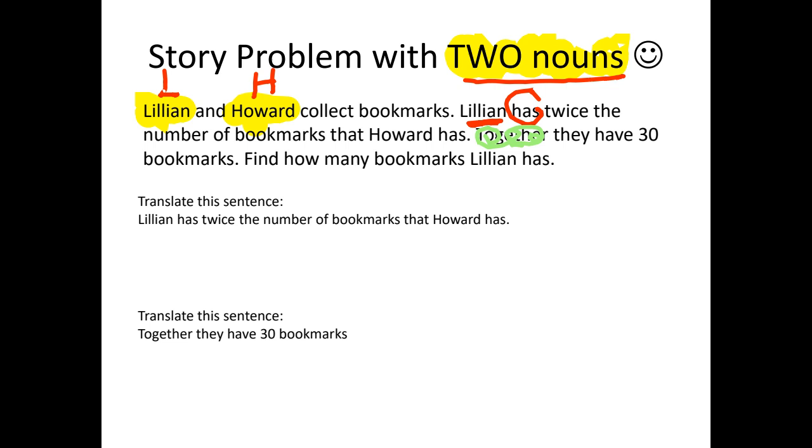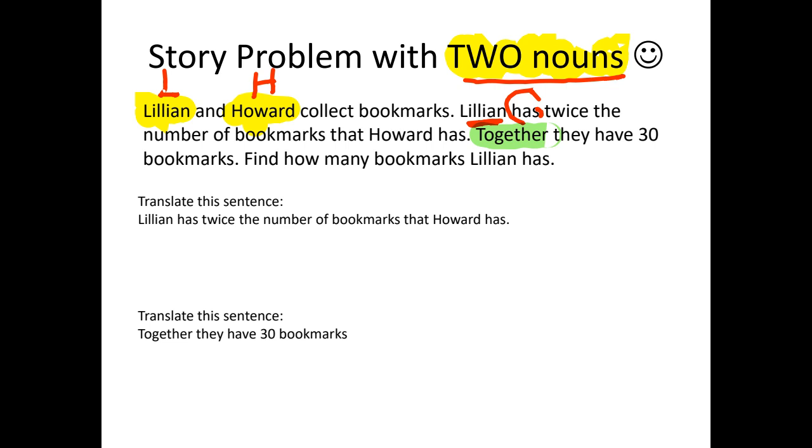Together means I have to add. Together is an adding word. Together they have 30. Find how many bookmarks. Now notice they're only asking us for one now.